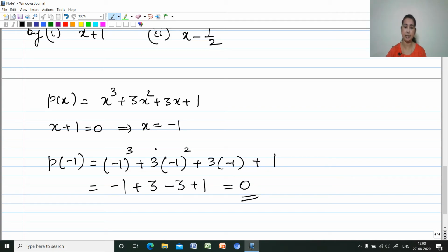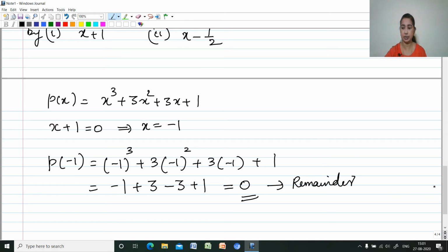It means that if I divide x cube plus 3x square plus 3x plus 1 by x plus 1, I get the remainder as 0, so it is exactly divisible. That is why we are getting the remainder as 0.